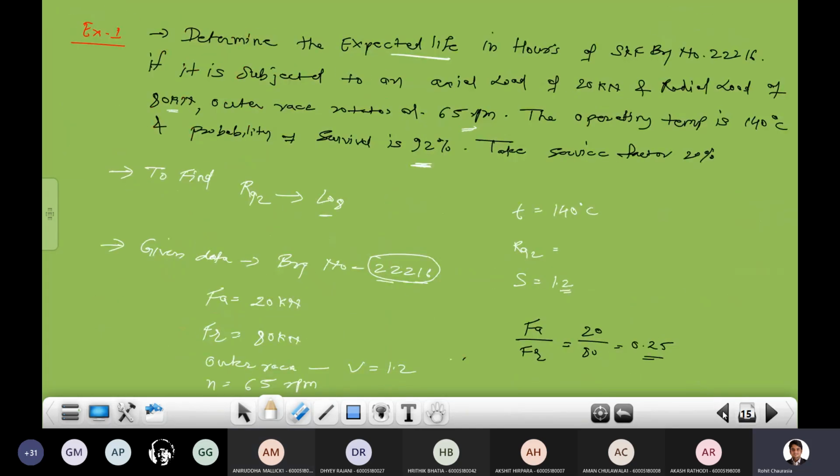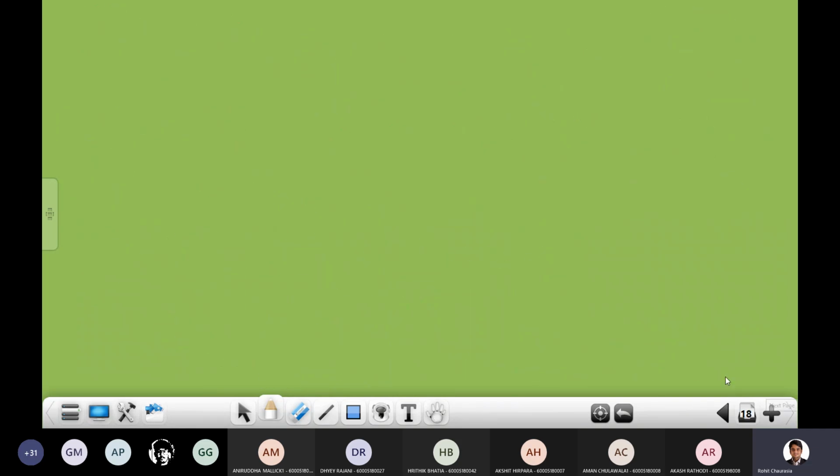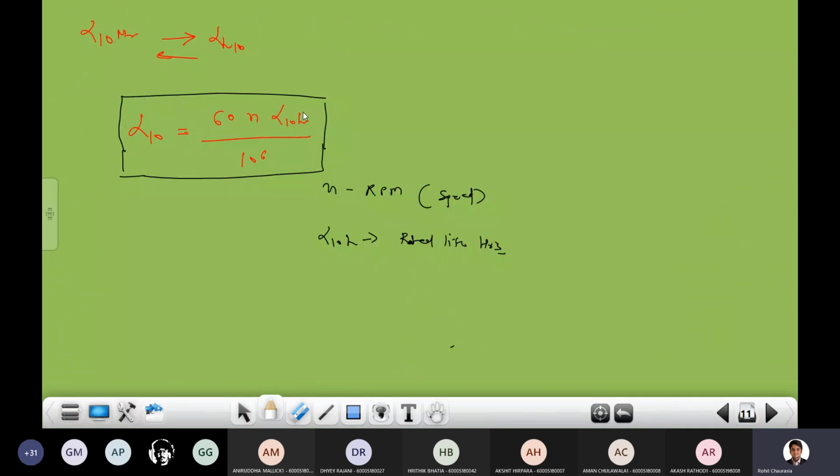But in the question, they've asked the life in hours. They not asked the life in a million rotation. So I need to convert this life hours to million rotation. So we have a formula कि million rotation को हम लोग 60 into n L hours divide by 10⁶. वही फॉर्मूला जो अभी थोड़ा टाइम पहले बात किया था, यहाँ L10 के लिए था, तो L10 मिलियन, L10 आवर्स.